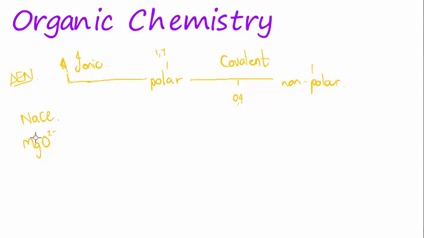Oxygen took 2 electrons, magnesium gave 2 electrons. So obviously this one's charge is much higher on the positive side, and that one's charge on the negative side is higher. This one gave 1 and that one got 1.